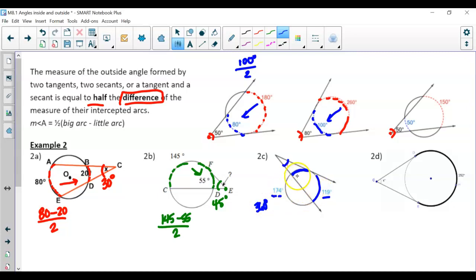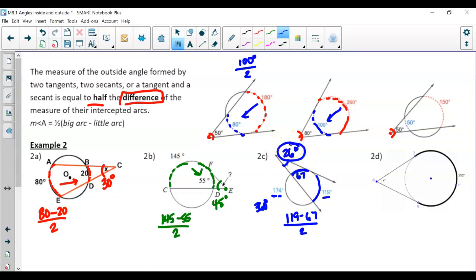So here, that means the measure of this arc is 67 degrees. Now we can subtract the two arcs created by your two lines here, 119 minus 67, and divide that by 2. So that's how here the angle outside is 26 degrees.